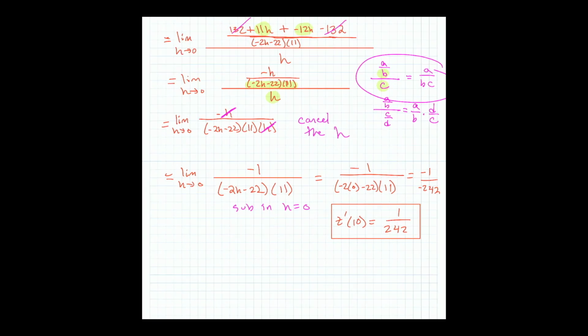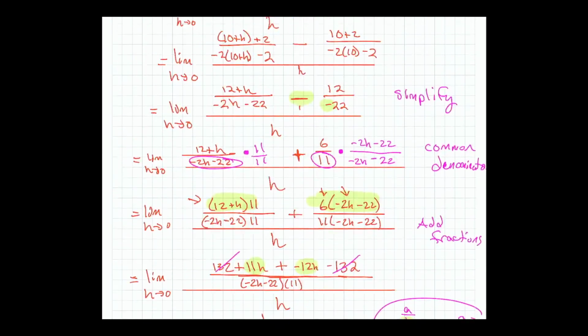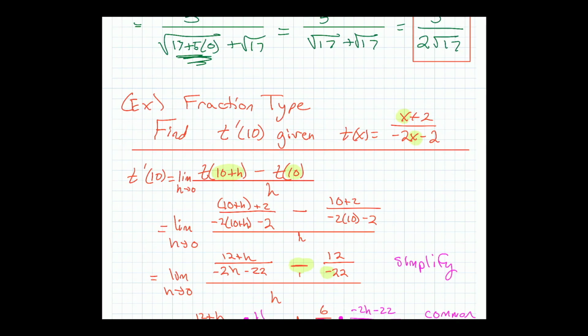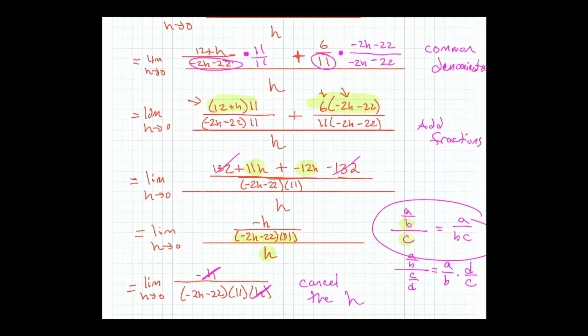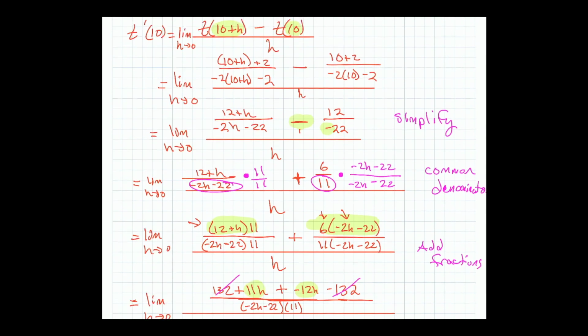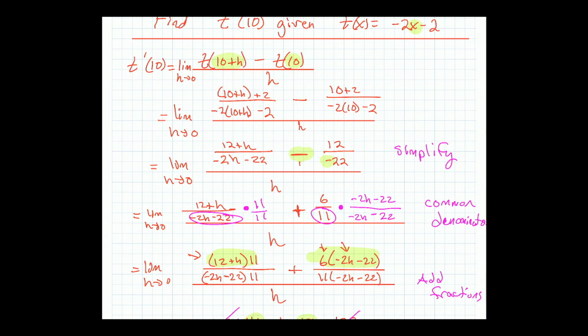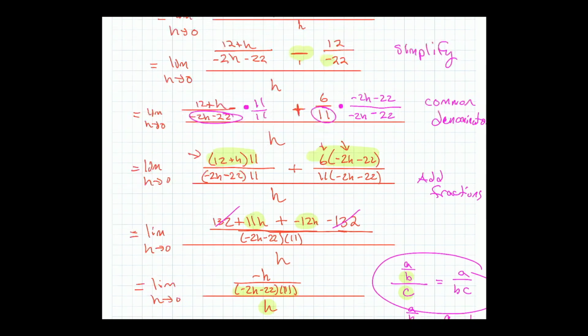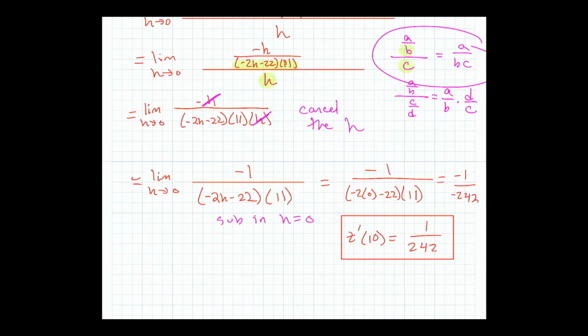So, I mean, you can see that that fraction type is the most tedious that you have to do. It's all the stuff with common denominators. Yeah, so if you think about it, technically, the algebra is not hard on this, right? Because it's just adding fractions and simplifying fractions. But it is, right?